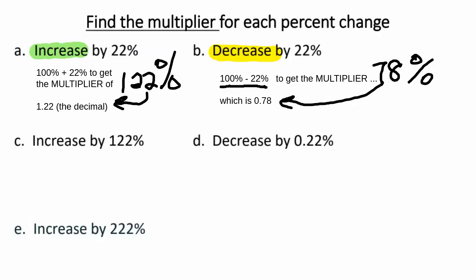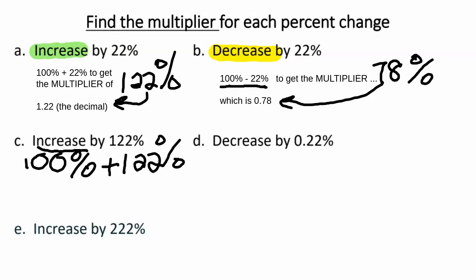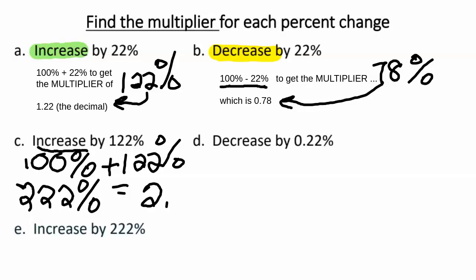Now, we're going to change this a little bit. Increase by 122%. That means I take 100%. I add 122%. I get 222%. But my multiplier is 2.22.